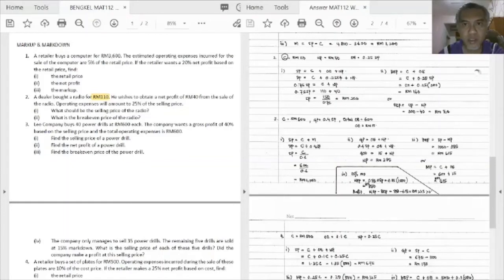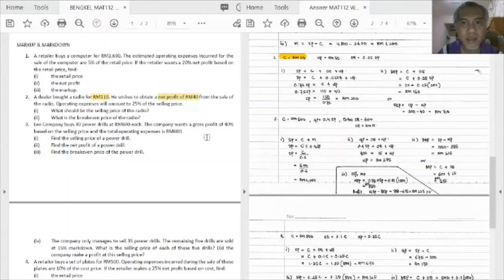He also stated that he wishes to obtain a net profit of 40 ringgit. So net profit here is equal to 40 ringgit.